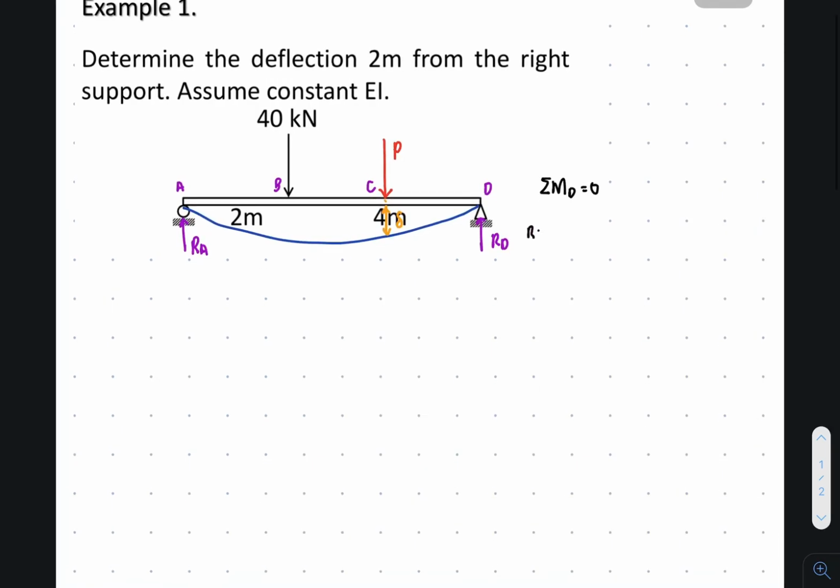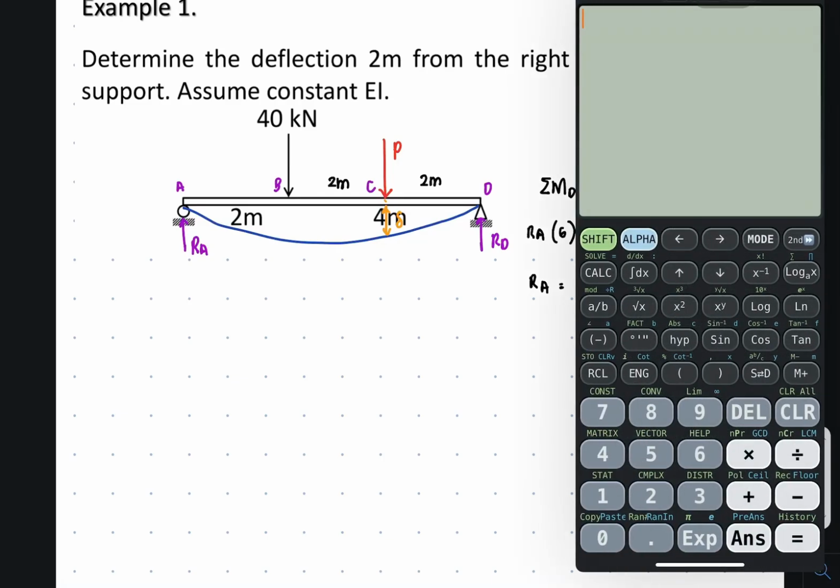So you have RA times 6 equal to 40 times 4 and then plus the P. Of course, this is 2 meters, right? So that's times 2. So therefore, RA now is equal to 160 plus 2P over 6.